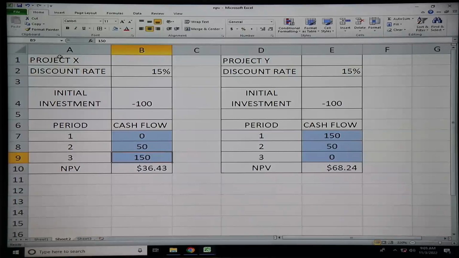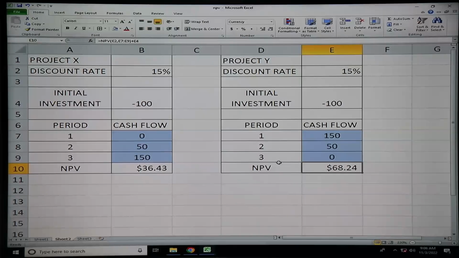So that way, of the two projects, it was better to invest in project Y than in project X. If you check, the net present value of the two are different. That means when you get this cash in faster, it is better than when the money is delayed until the end years of the project.